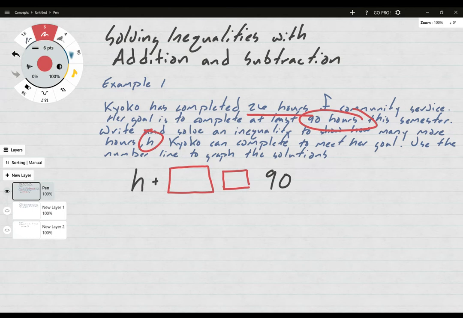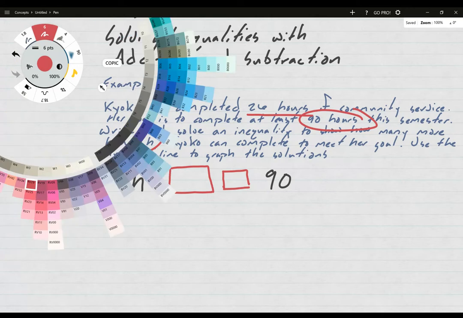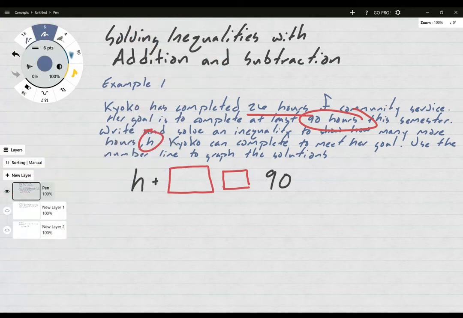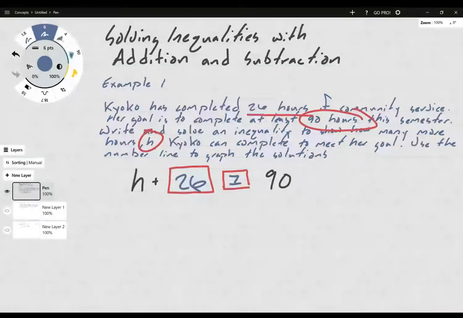So if h represents how many hours she needs, I'm adding that to the amount that she already has completed, which was 26 hours. And if it says at least 90 hours, then h plus 26 has to be equal to 90 or be more than 90. So I'm going to use the greater than or equal to sign.